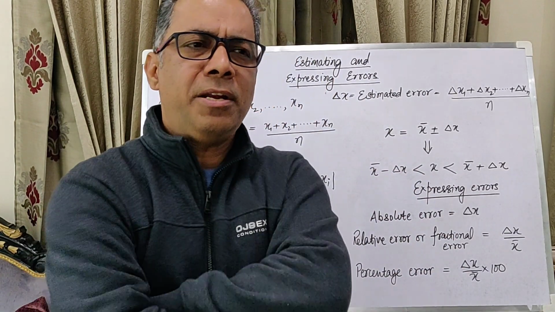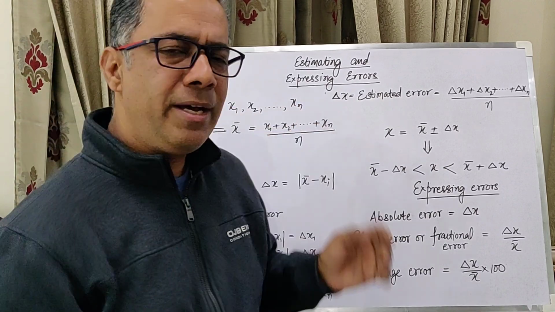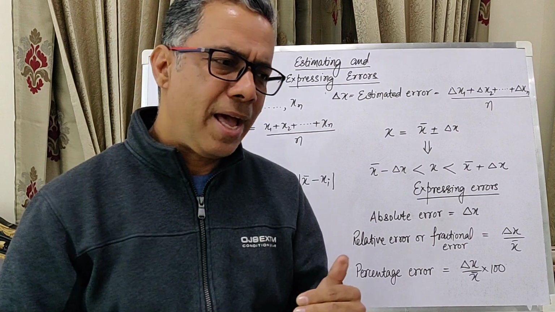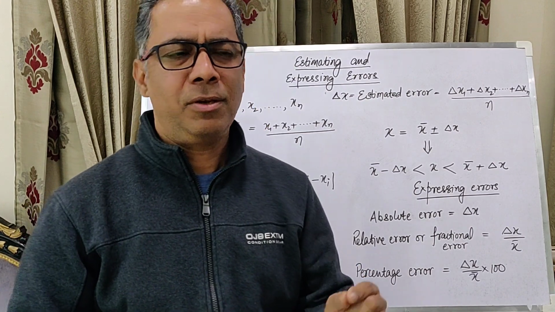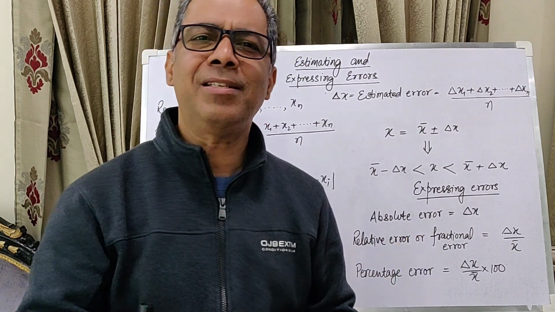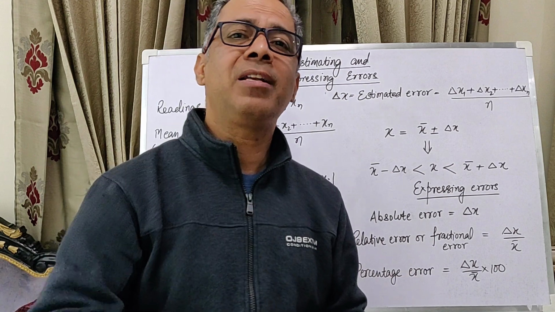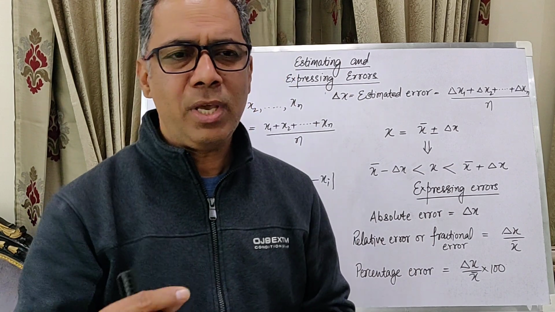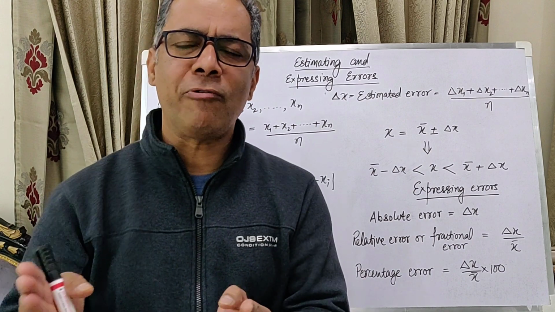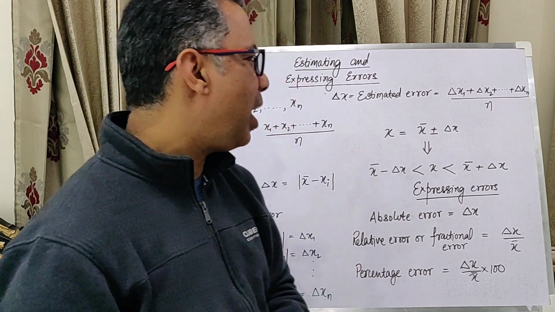Very often in examination situations, a whole lot of reading data is not provided. And in those situations, what we tend to do is we take the least count to be the error. And often when that is also not known, we assume the least count to be an increment of 1 in the last digit of the measured value.